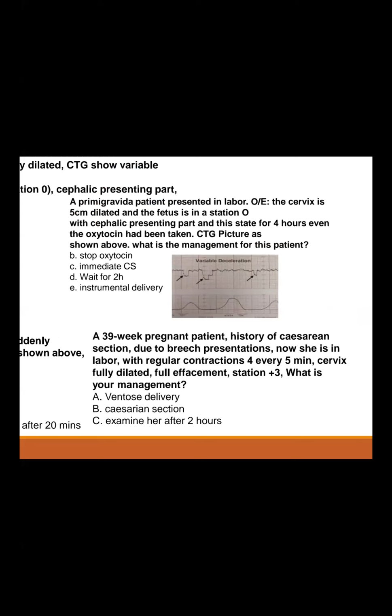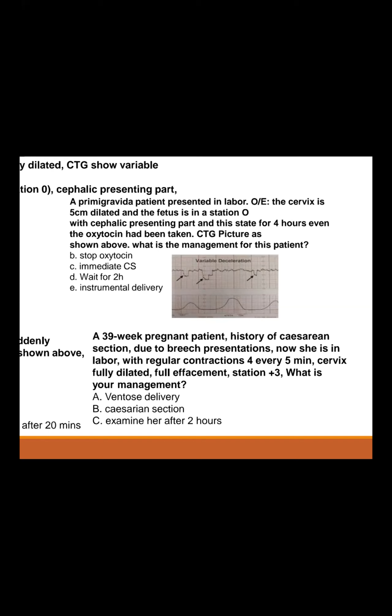A primigravida patient presented in labor, and the cervix is 5 centimeters dilated, and the fetus is at station 0 with cephalic presentation and has stayed for 4 hours. Then oxytocin has been given. CTG picture as shown above.